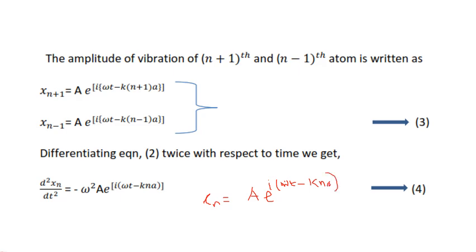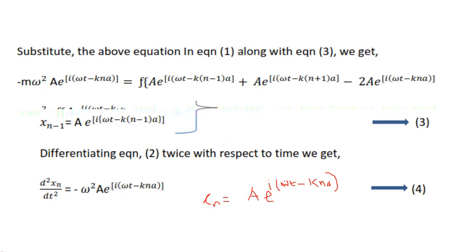When you differentiate it, a e power i omega t minus kna will come as it is, then into i omega, because with respect to t we are differentiating, so this is constant, it will become 0, therefore i omega. Again differentiating, again 1 i omega will come, therefore i square omega square a e power i omega t minus kna. Okay, understand? Okay.